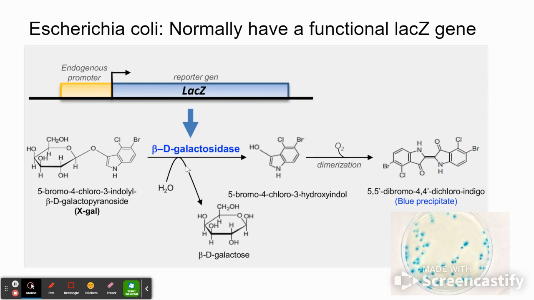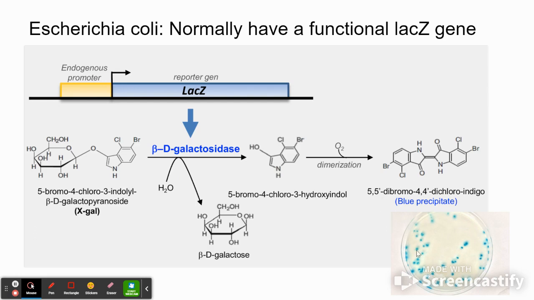XGAL can be hydrolyzed if the LAC-Z gene is present, because what the LAC-Z gene codes for is the mRNA and the amino acid sequence that will become a functional beta-galactosidase enzyme. This beta-galactosidase enzyme is in charge of helping with the hydrolysis of this XGAL sugar. And when that happens, we can then have some more conversions and ultimately we create a molecule that is blue.